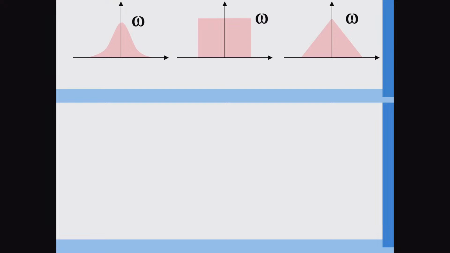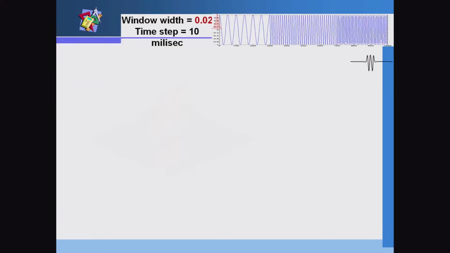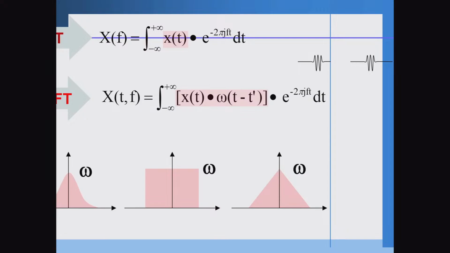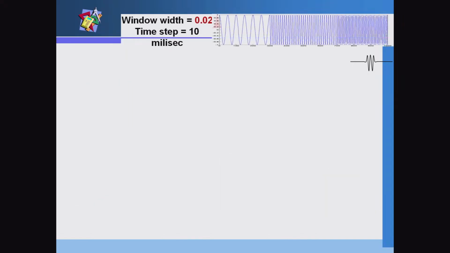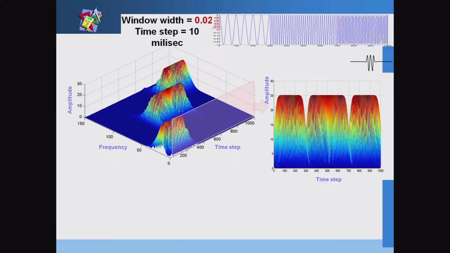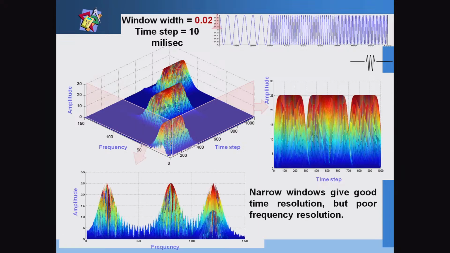In this short time Fourier transform, we are using the window function. Listen here. In the windowed Fourier transform, in the short time Fourier transform, we are using the window function.